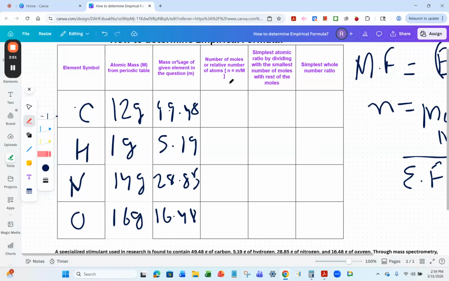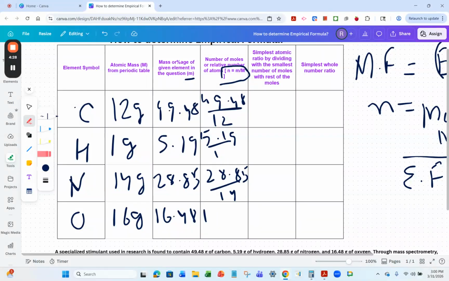It's clear in this column that the formula is small m divided by your capital M. For carbon, we will write 49.48 divided by 12, for hydrogen 5.19 divided by 1, and for nitrogen 28.85 divided by 14. For oxygen this is 16.48 divided by 16.